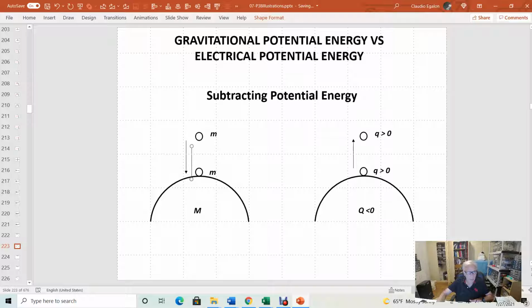Same thing happens right in here. But the concept is the same. It's going towards the larger charge because they are attracting each other.